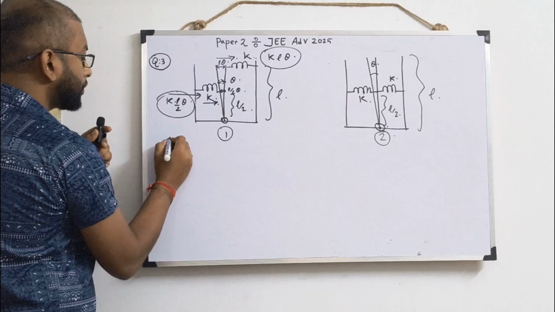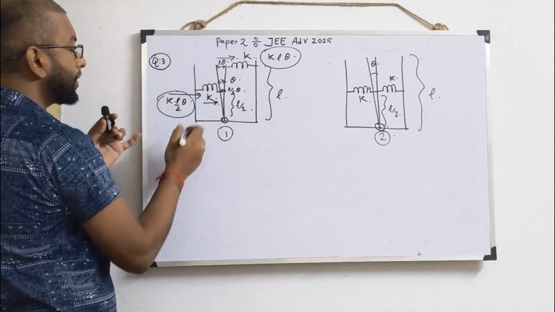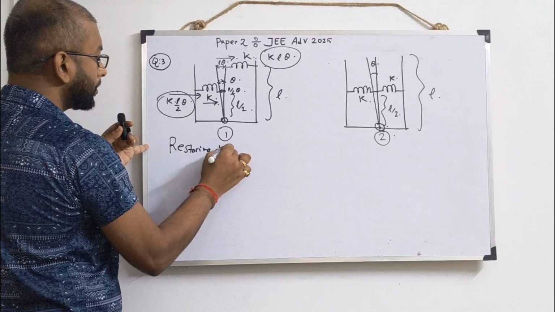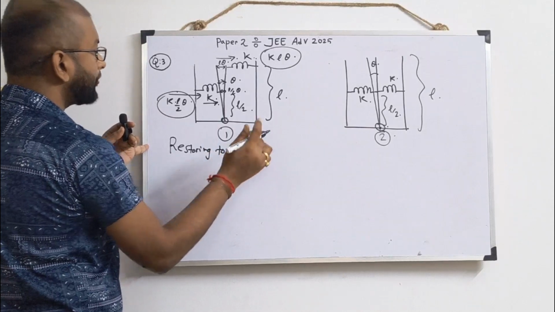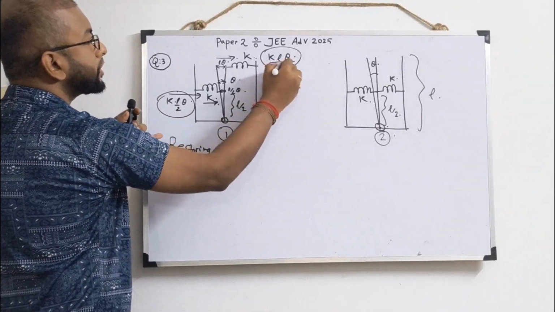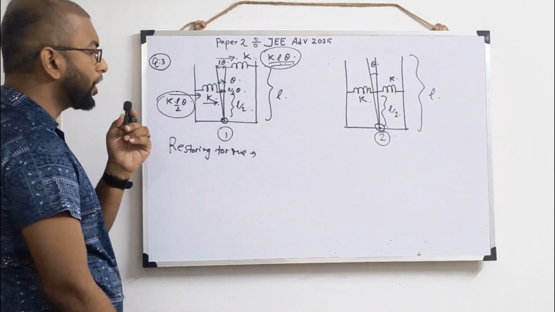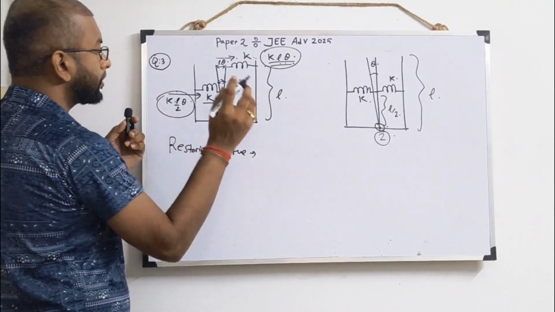Now what is the restoring torque that both of these forces will generate? In the first case, this force is acting at L distance from the point of oscillation, the fixed point.